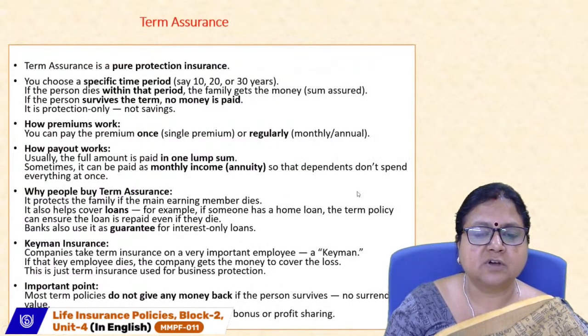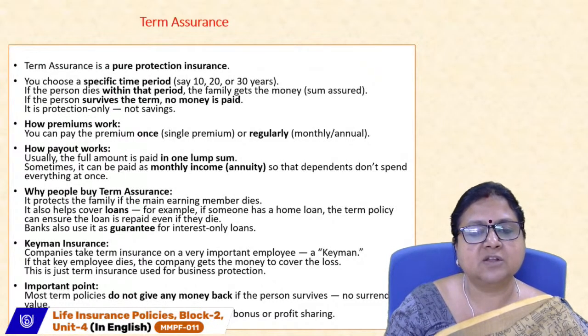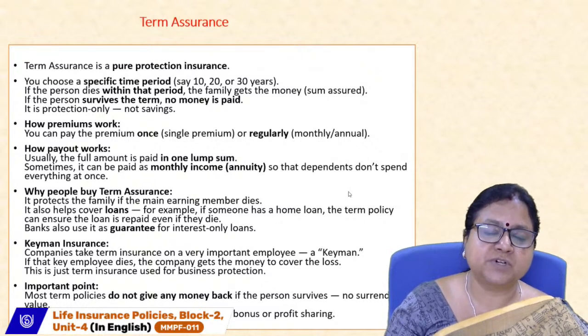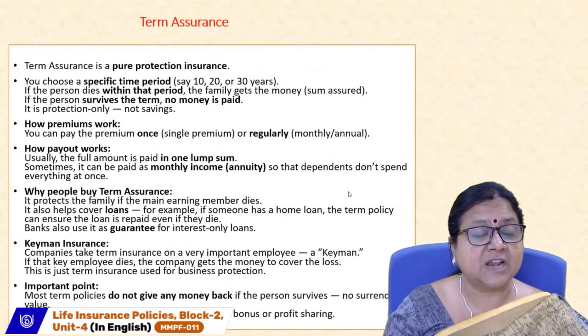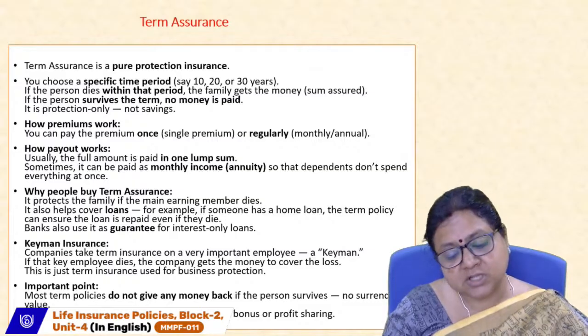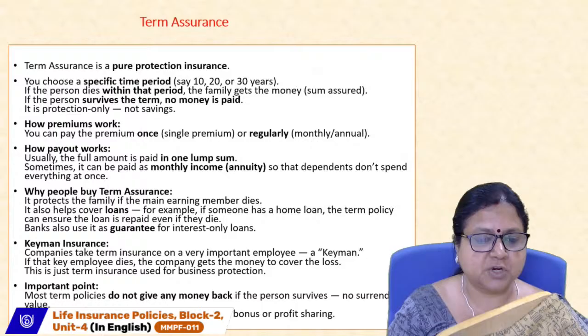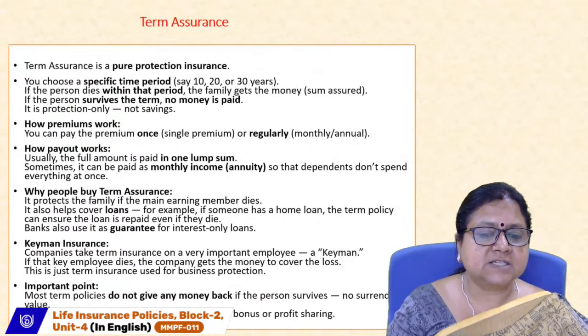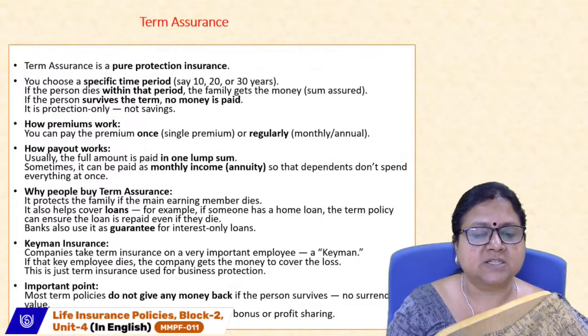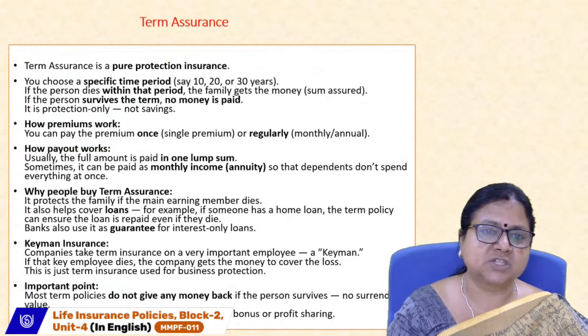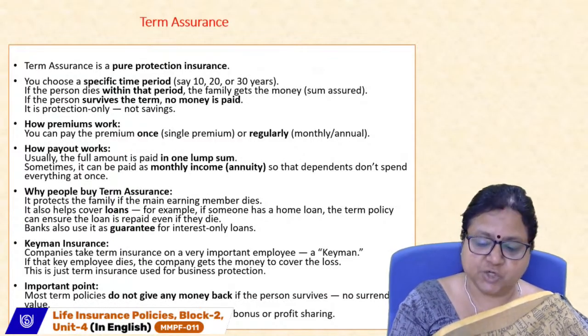But in case of term assurance, you do not get any sort of surrender value, or you do not get any amount if the life assured survives beyond the number of years which is there in the insurance policy. And this type of insurance is usually non-participating. That means you are not going to get any sort of profit sharing or bonus in this type of insurance schemes.